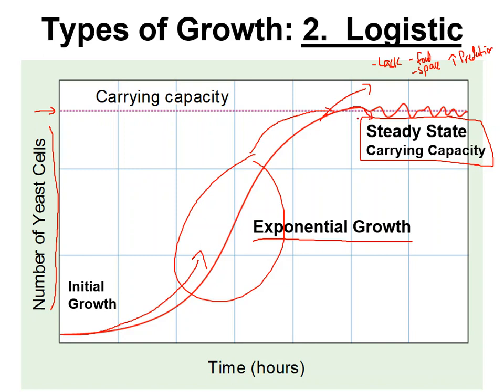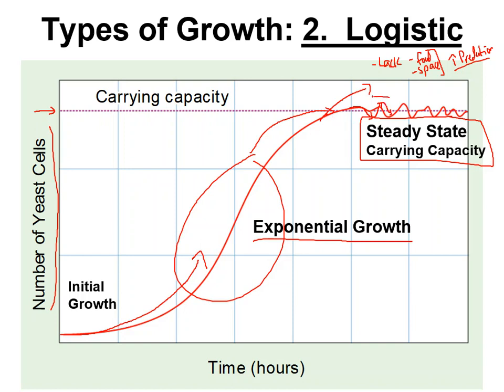Well, then once you're below the carrying capacity, now the environment can support more individuals, so you can lay more eggs, there's a little bit more food, there's more space, etc., so the population increases again. Well, now you're above the carrying capacity and you're experiencing high levels of predation, lack of food, space, increased competition, and your population goes back down. And it's over and over and over again.